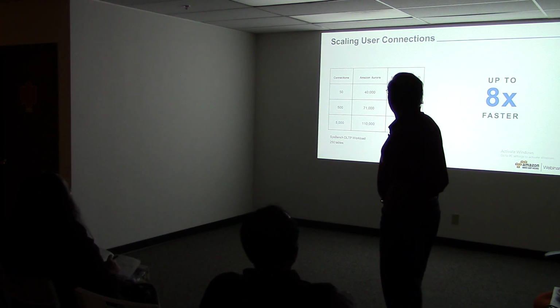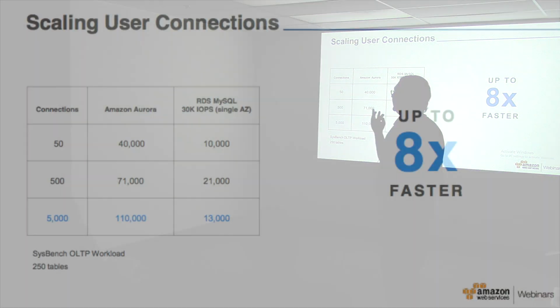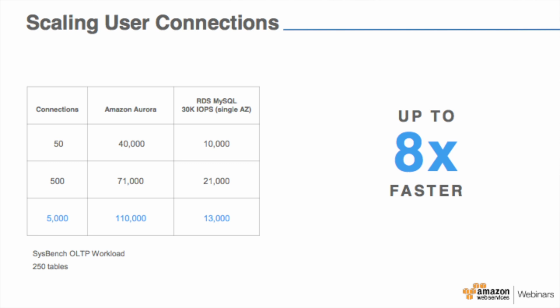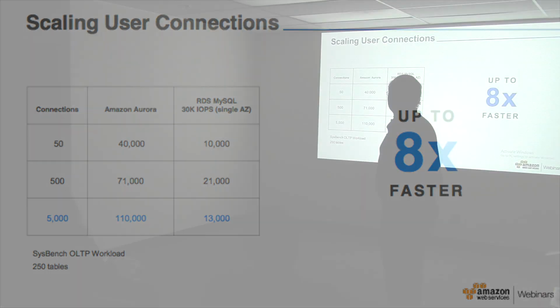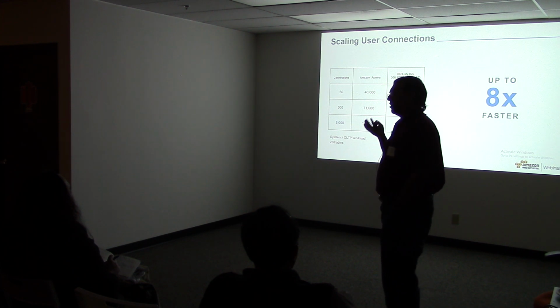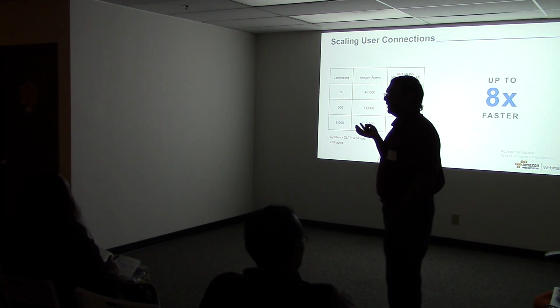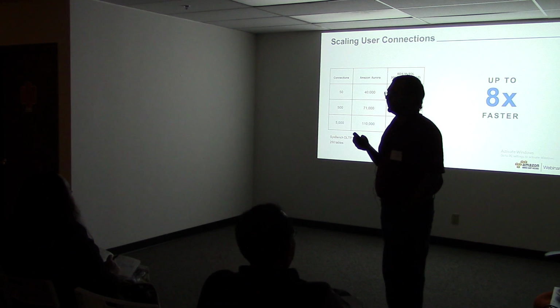And we compared that with RDS MySQL running at 30K provisioned IOPS. This is, by the way, single AZ. And if you look at the Aurora architecture, I'm going to get to that in a second, Aurora is pretty much running in a high availability configuration because of the storage architecture.